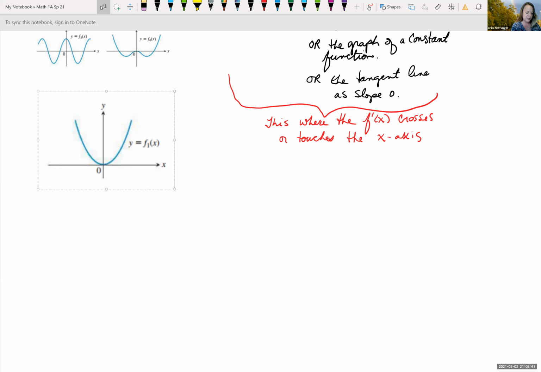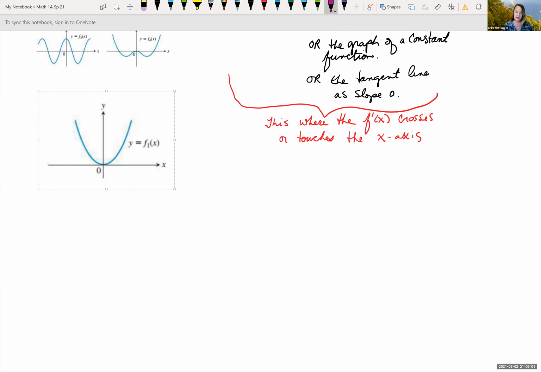Let's look at where it's increasing and decreasing. A lot of times in mathematics, we use interval notation. So we're using what values of x we're starting from and to what value of x we're stopping at, and usually use parentheses or brackets depending on if you're including or not including.